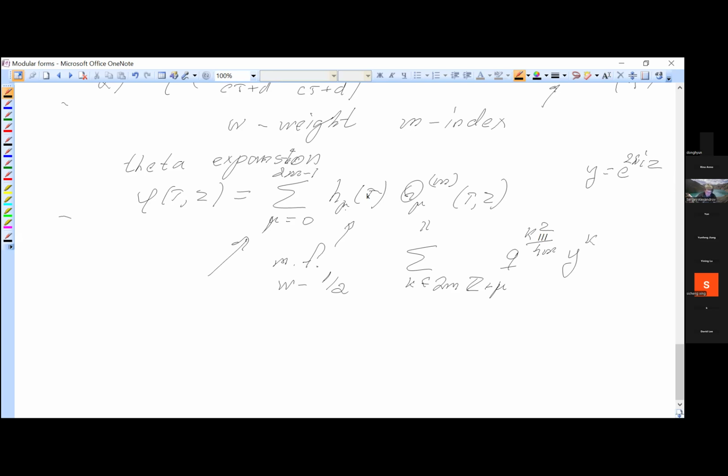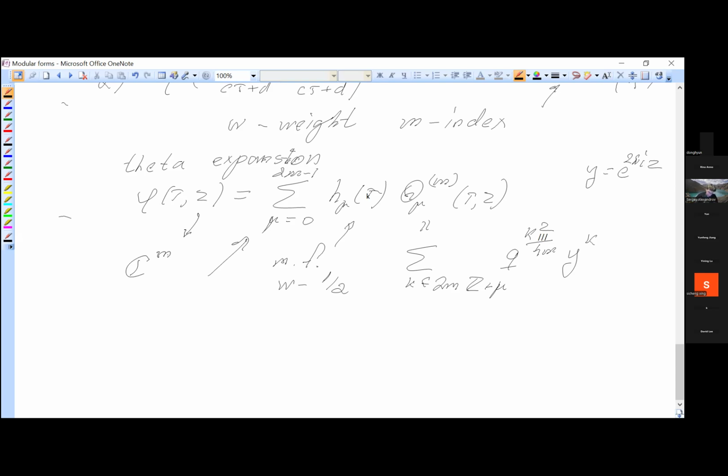Another generalization you can consider is multivariable Jacobi forms. In this case, z actually is a vector, so it belongs to C^M, for example. And in that case, of course, the index is not a number, but in general a matrix.